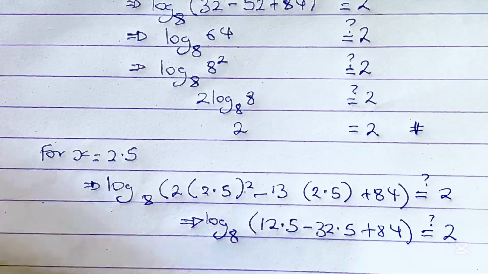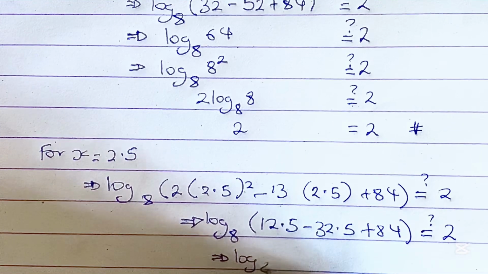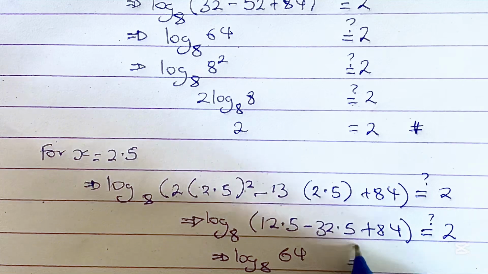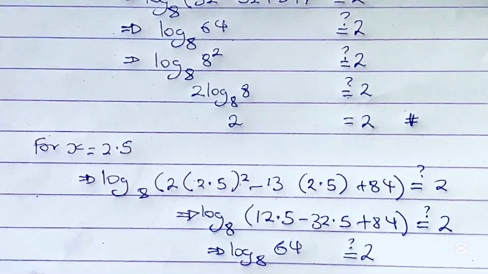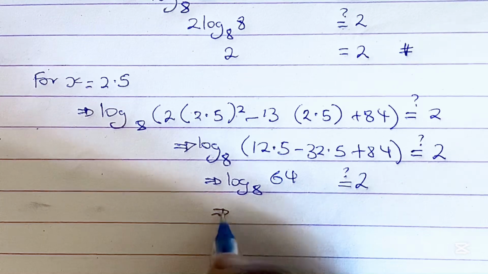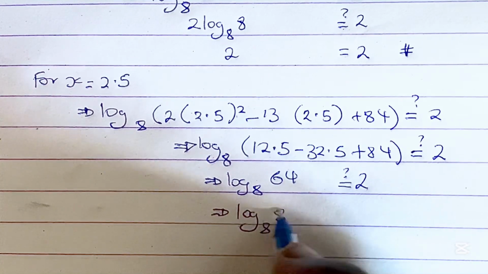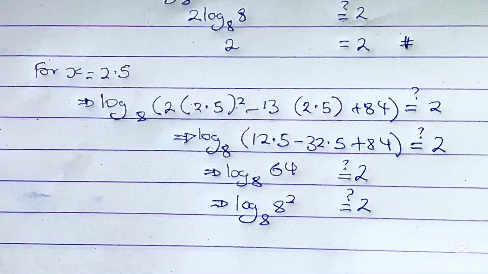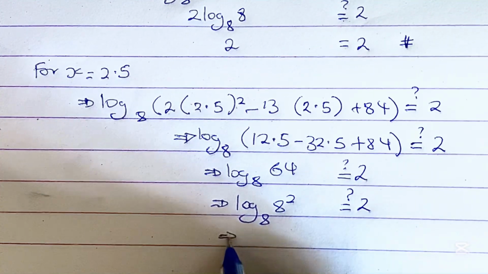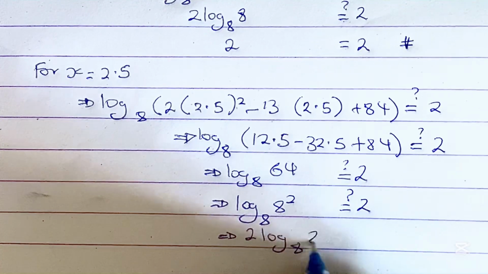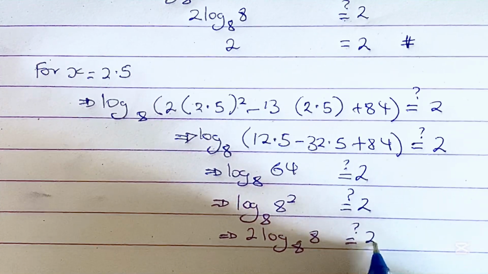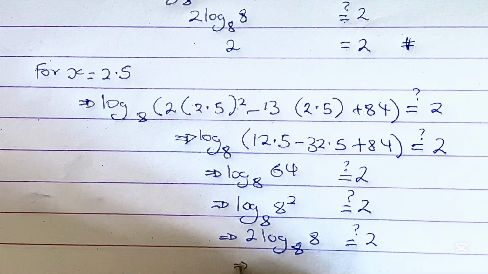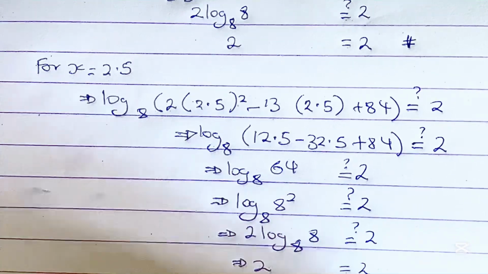So using a calculator, log 8 of 64 should give us 2. And when we simplify this, it becomes log 8 of 8 squared, which should give us 2. And this becomes 2 log 8 of 8 should be equal to 2. And log 8 of 8 is equal to 1. So therefore 2 is equal to 2.